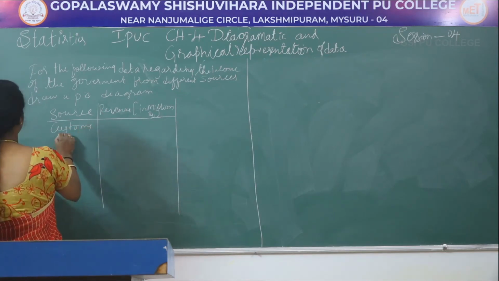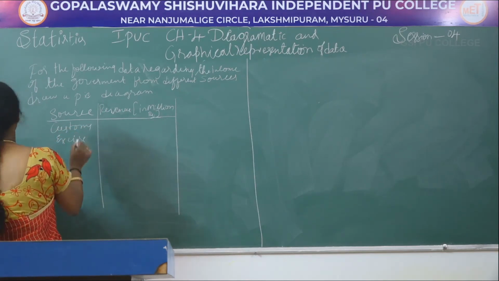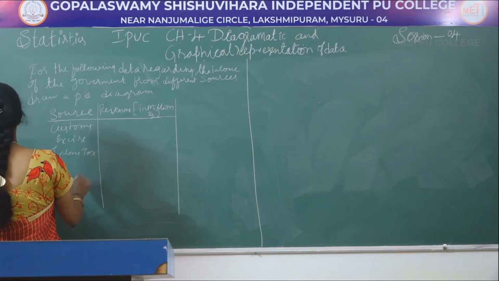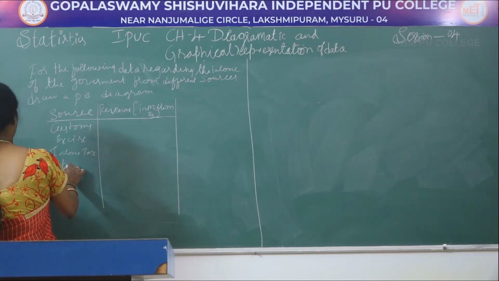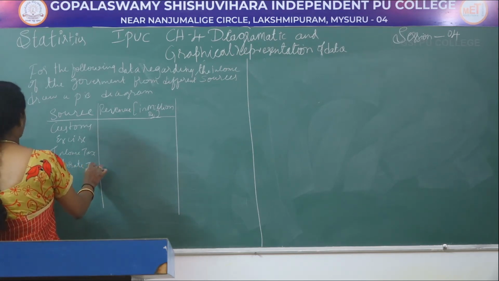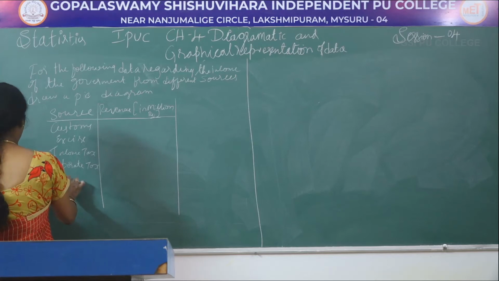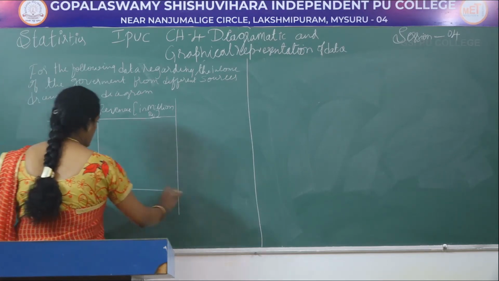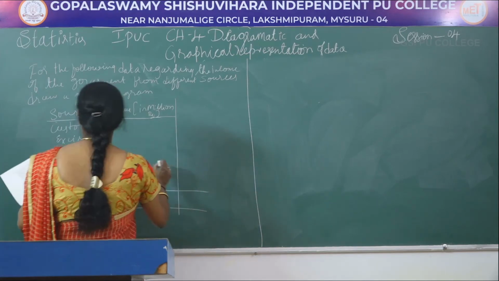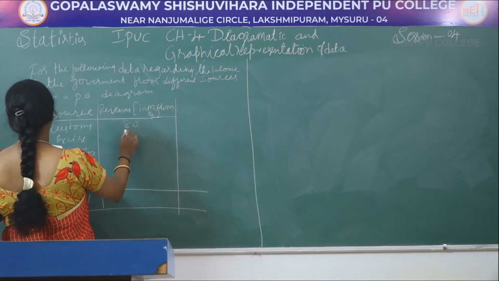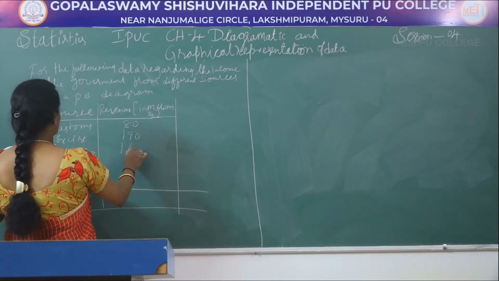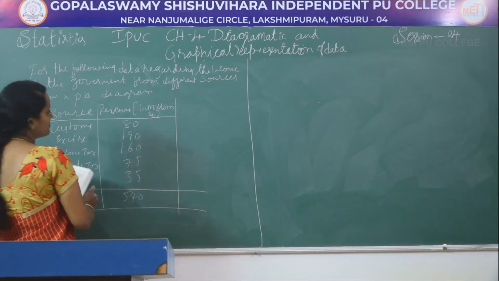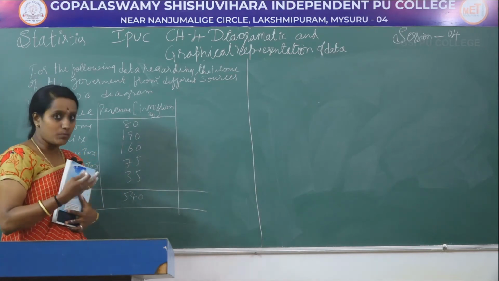Customs, exercise, income tax, corporate tax, miscellaneous, and the total. Here they have given the total, and the revenues are 80, 190, 60, 75, 35, total is 540. This is the problem they have given.